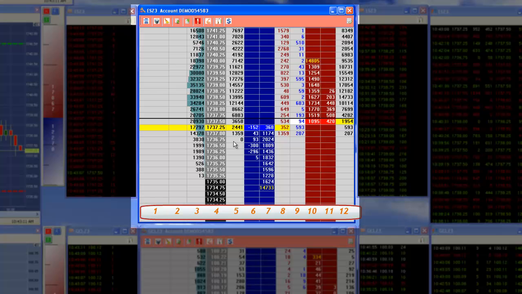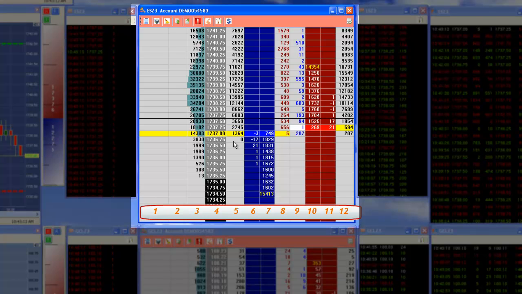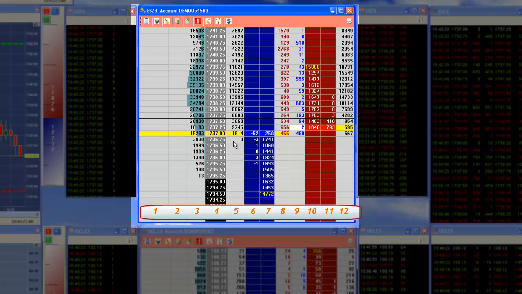So you can see the aggregate bids against the aggregate offers. But what's really cool about this is you notice the outside colored columns and how they're changing. What that's showing you is the number of bids and offers that are being pulled or added to that level in real time.